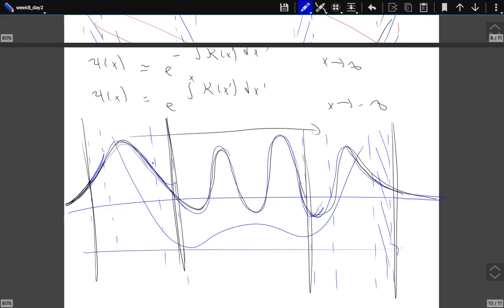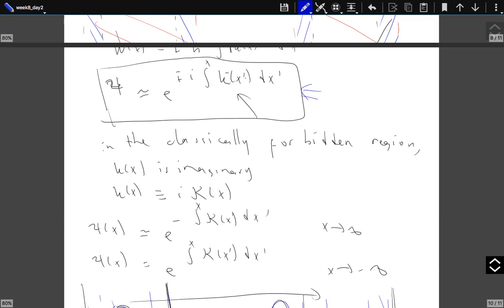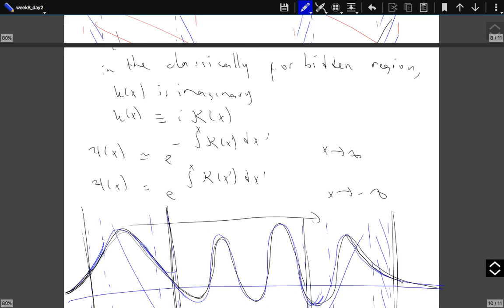But it always gains phase. You see, if you look at your solutions over here, as x is increasing in one direction, you get one sign, so the phase is increasing. If you move the other way, you get the minus sign, so again the phase is increasing. So the total increase in the phase need not be 0, but it should be a multiple of 2 pi. Well, the reflection causes this additional 1/2.